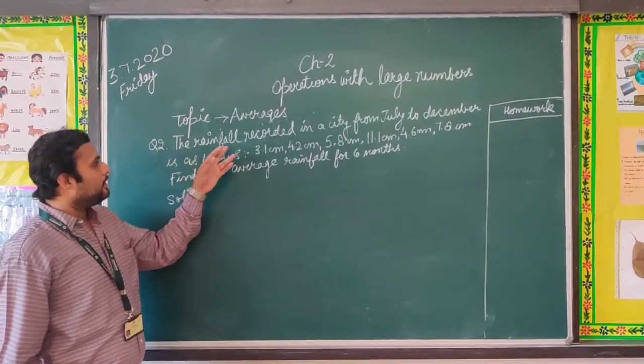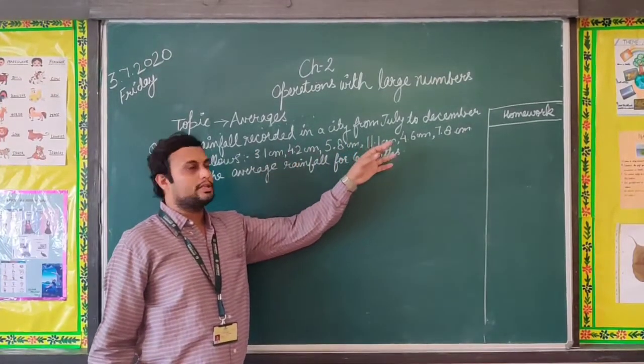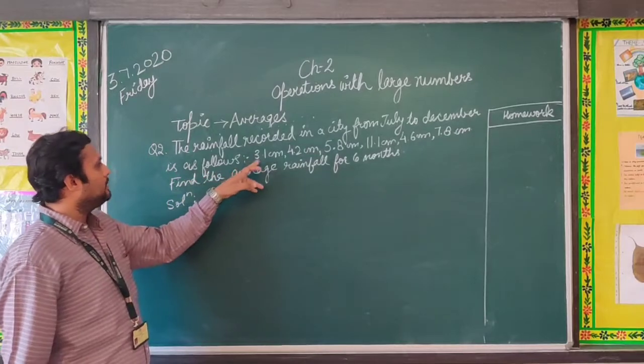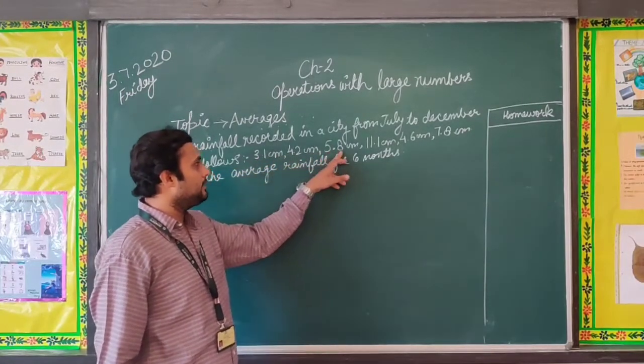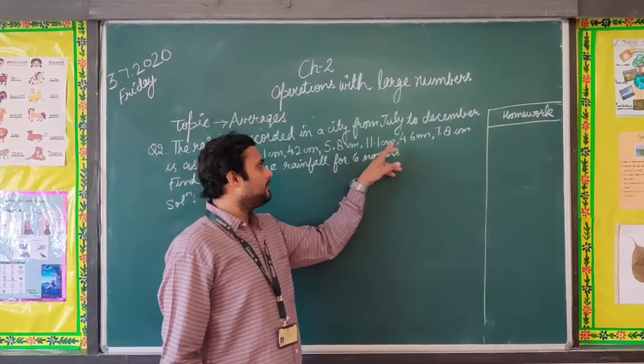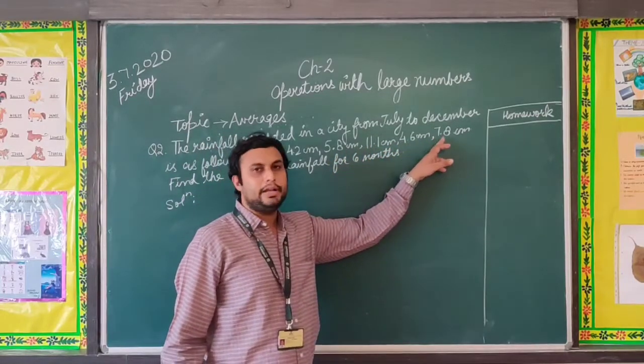Second question: the rainfall recorded in the city from July to December. The rainfall recorded was 3.1 cm, 4.2 cm, 5.8 cm, 11.1 cm, 4.6 cm, 7.8 cm.